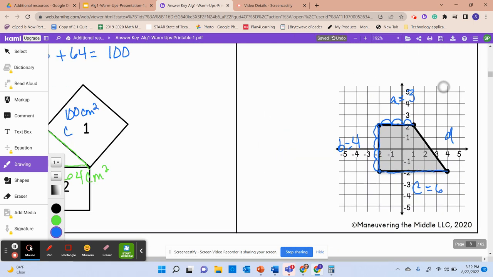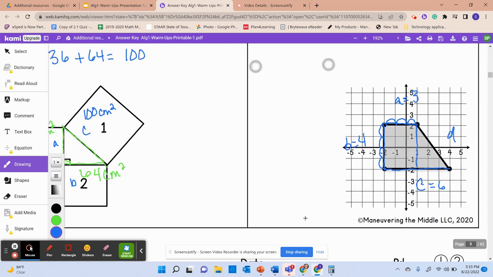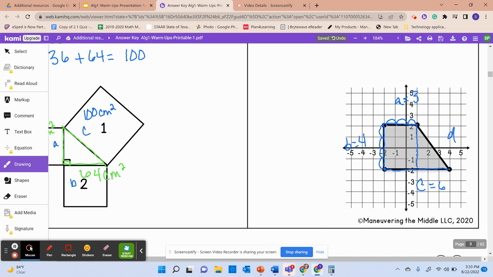But to find the length of D, we have to remember that hypotenuse again, where you do A squared plus B squared is equal to C squared.